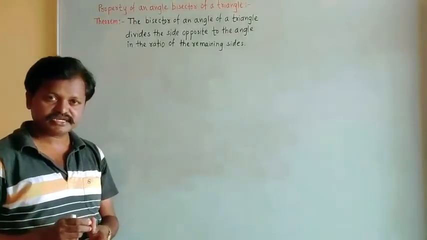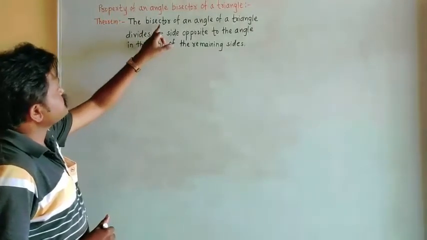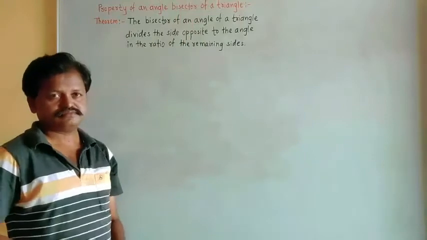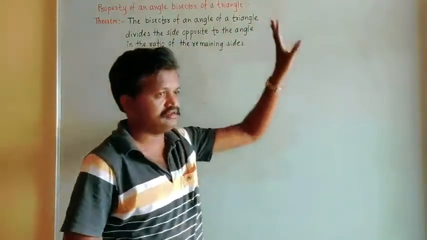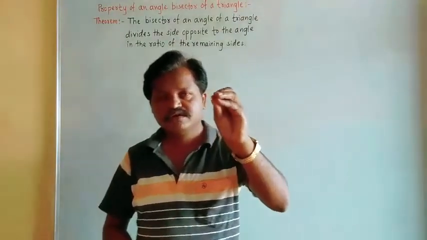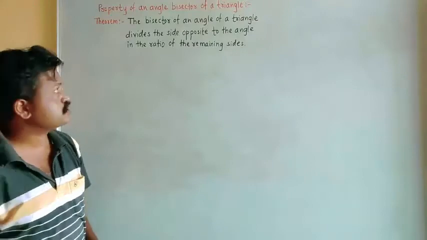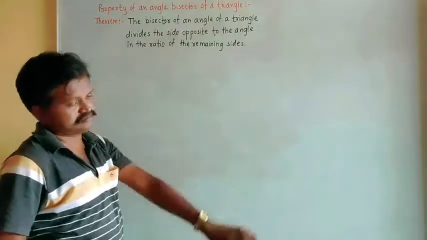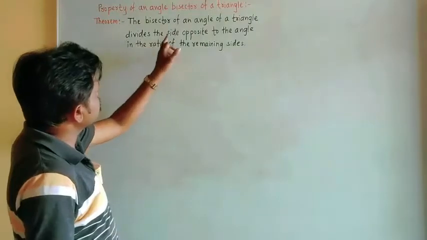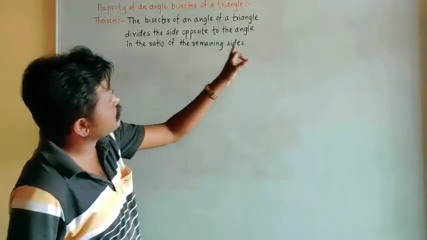Statement: the bisector of an angle of a triangle, एका त्रिकोणाच्या कोनाचा दुभाजक, divides the side opposite to the angle in the ratio of the remaining sides.